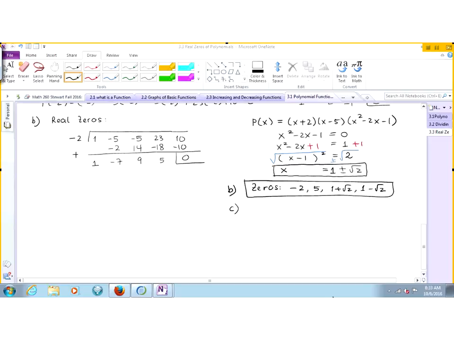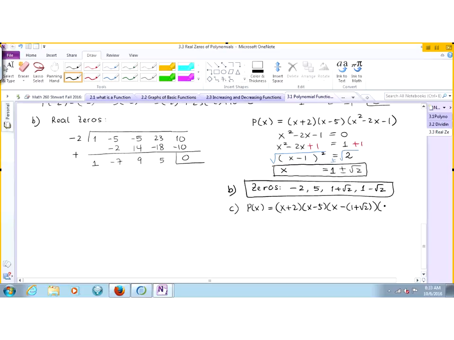Now, how do I write it in terms of its factors? How do I write this in terms of its linear factors? So P of x is equal to what? x plus 2, x minus 5, x minus (1 plus square root of 2).